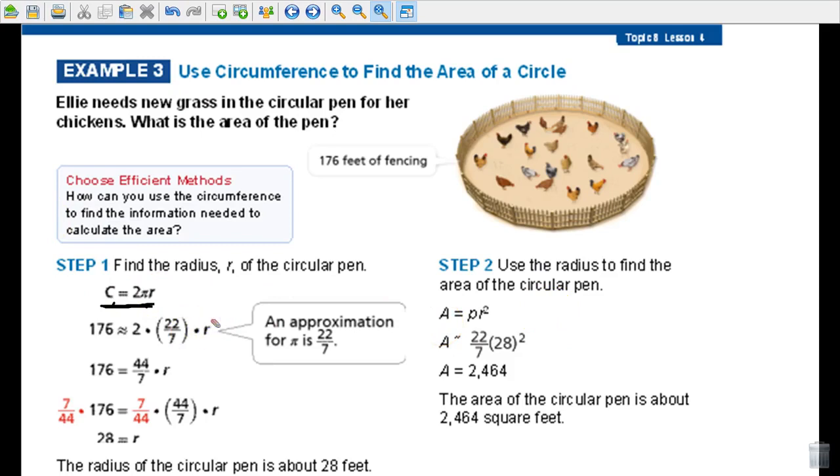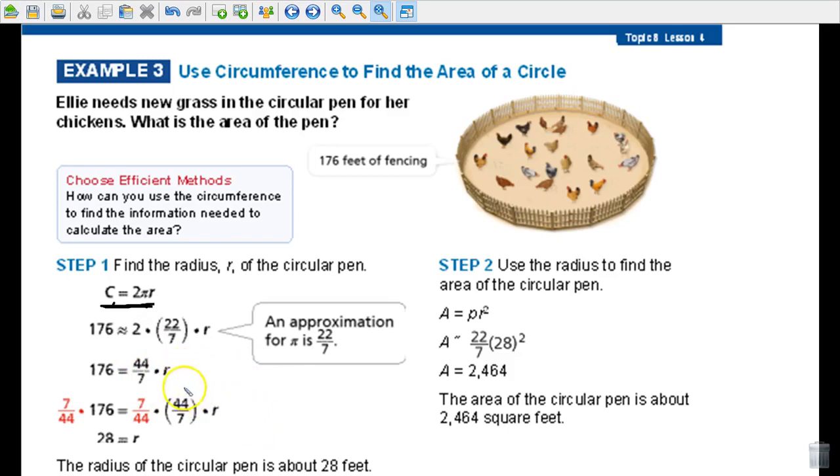So the way we do this is we plug in 176 for the circumference, and that approximately equals 2 times pi times r. If we do 2 times pi, we get 44 over 7 or 6.28, times r.